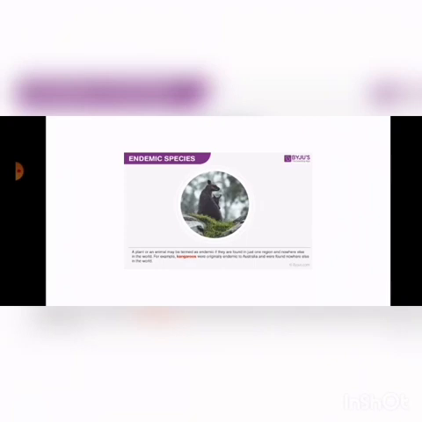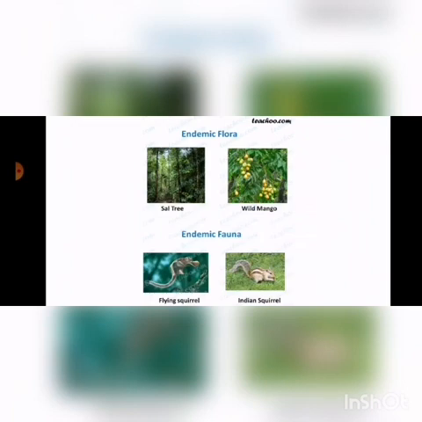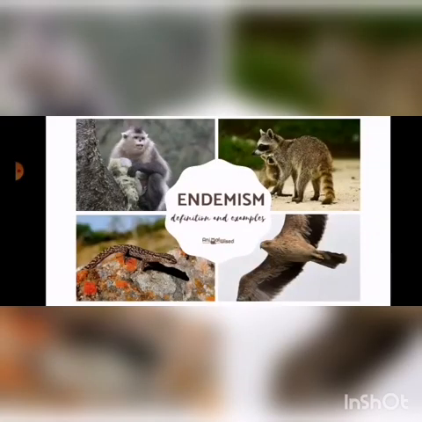Endemic species: species of plants and animals that are exclusively found in a particular area are called endemic to the zone, state or country. Endemic species are not found anywhere else naturally. For example, endemic flora of the Pachmarhi Biosphere Reserve includes sal and wild mango.